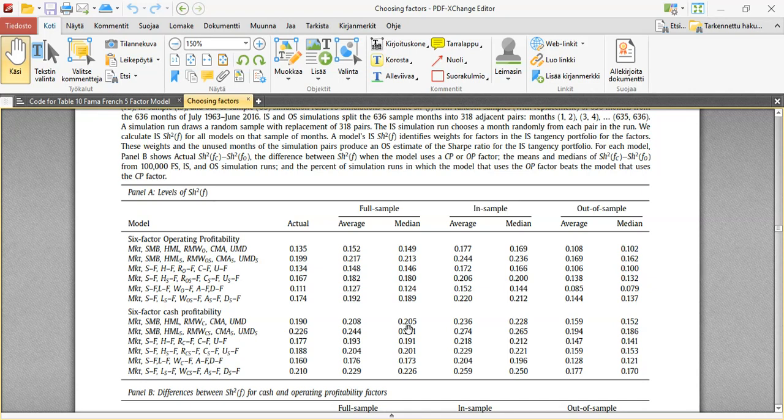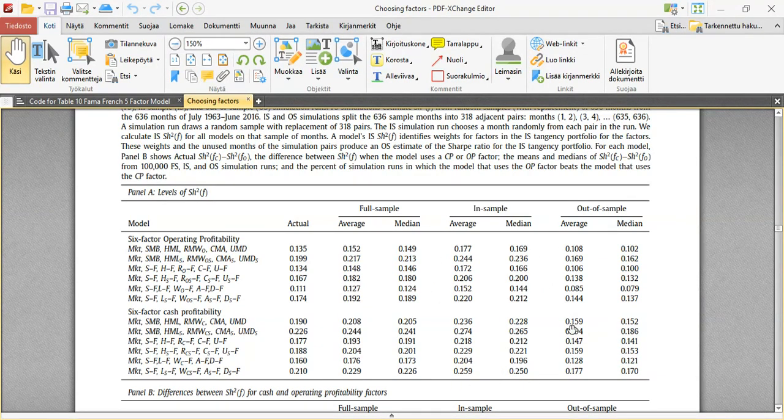We also discussed in-sample and out-of-sample simulations. So we have here the corresponding in-sample maximum squared Sharpe ratios, and here on the right-hand side, the out-of-sample maximum squared Sharpe ratios. What we see is that the out-of-sample maximum squared Sharpe ratios are always lower compared to the in-sample ones.